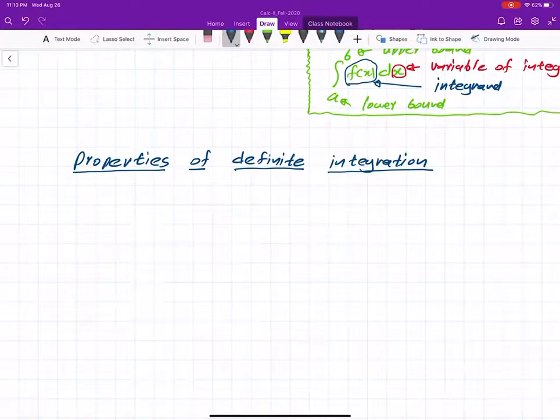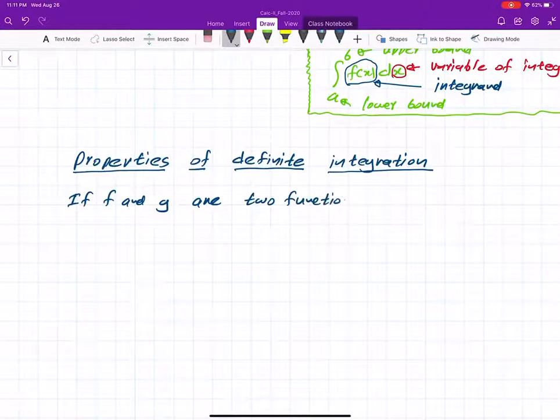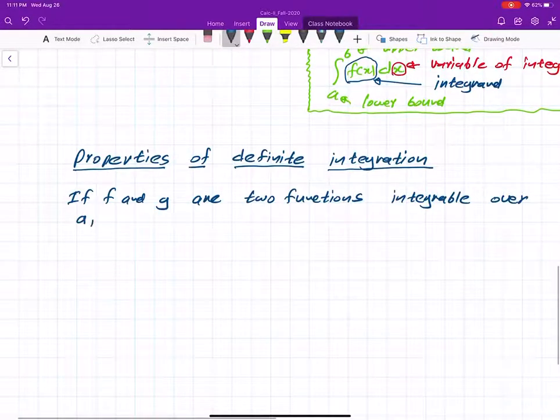First of all, let me give this information. If f and g are two functions integrable over a comma b, closed interval.